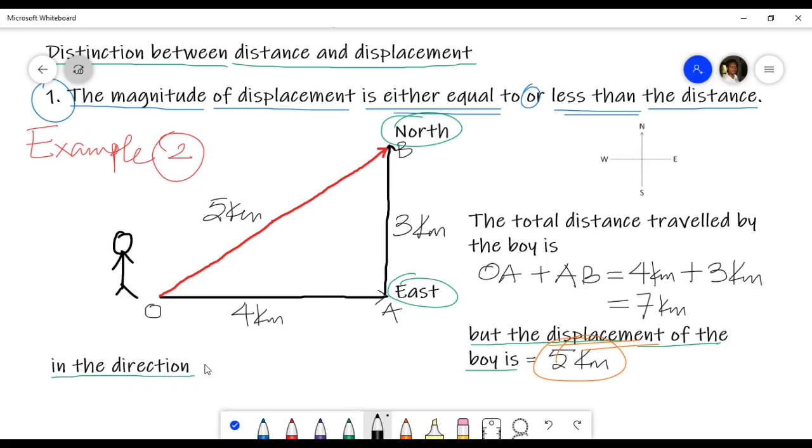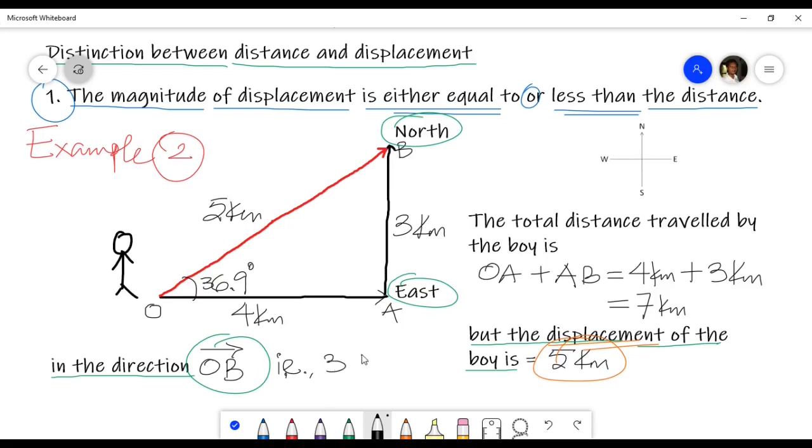Now in the direction, right, we know that displacement is a vector, so we'll represent it as OB with an arrow sign on top. So in the direction OB, that is the angle O, which will be 36.9 degree.